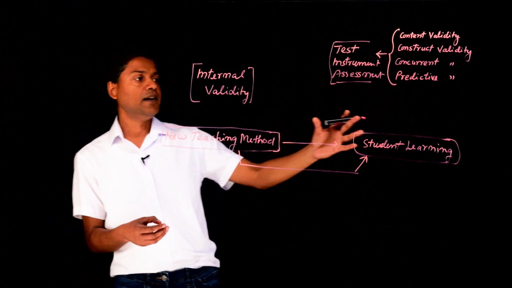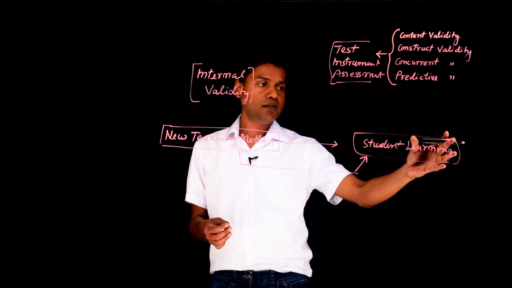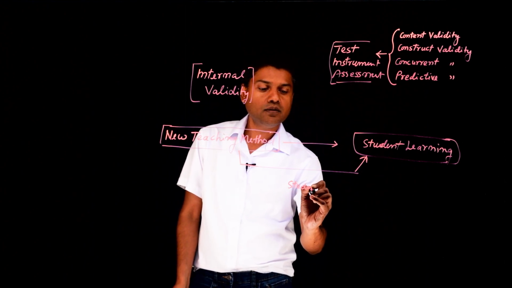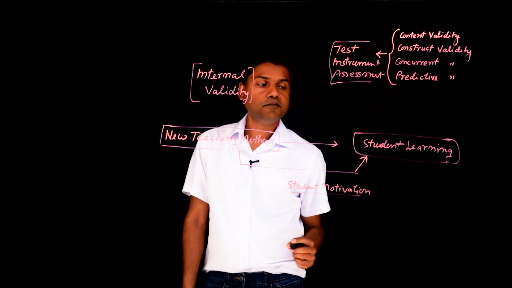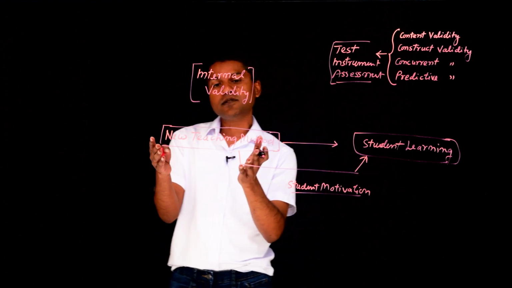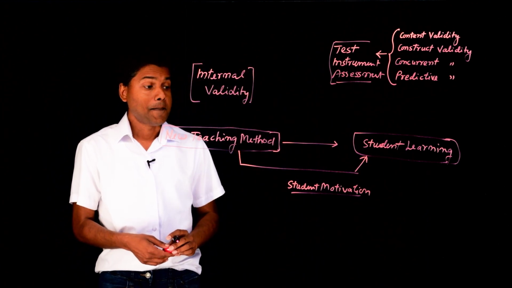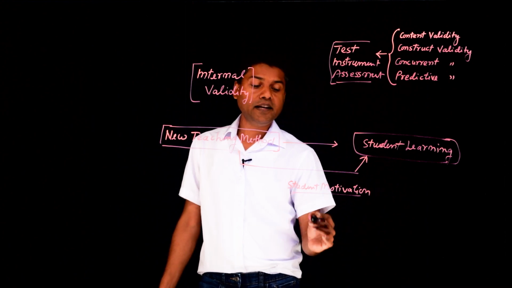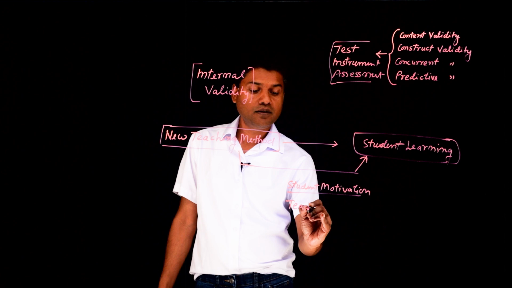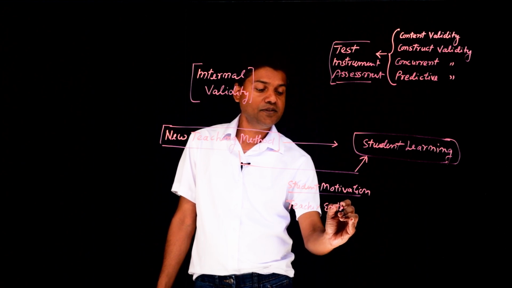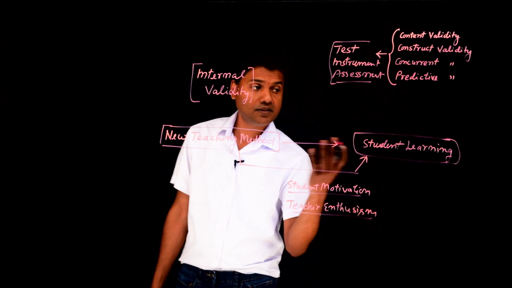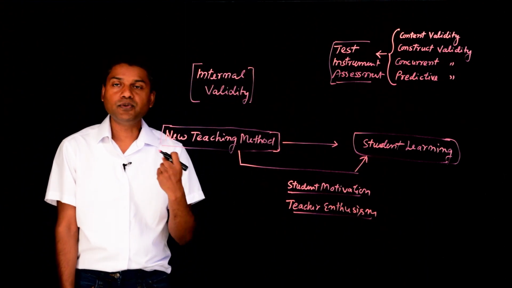Maybe the change that we are seeing in student learning is caused by student motivation. The students' learning is improving because the students are highly motivated. It's not happening because of your new teaching method. Maybe this change is happening because of, let's say, teacher enthusiasm. The teacher who is teaching these students is very enthusiastic.